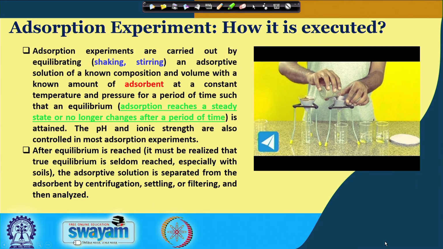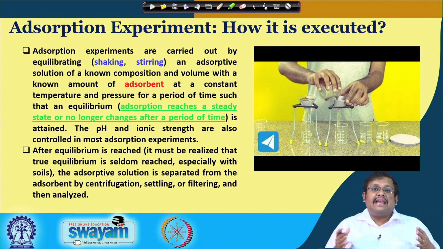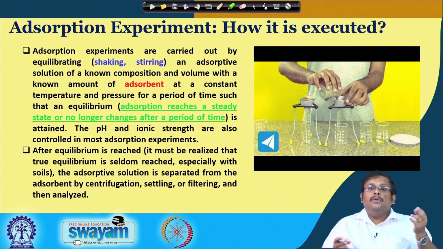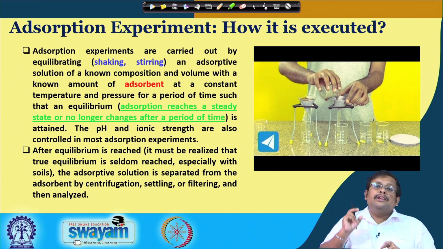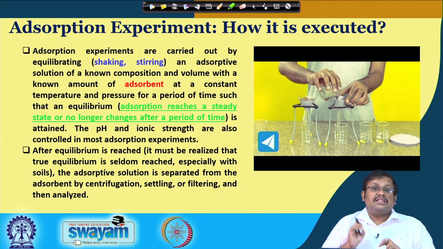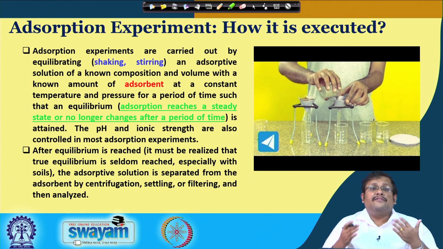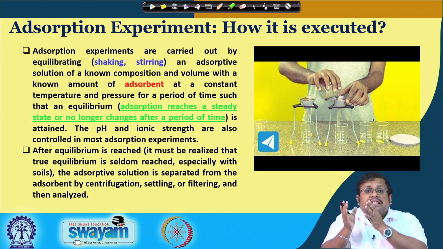Okay. Now, adsorption experiments: how do we do them? Adsorption experiments are carried out by equilibrating, that means shaking or stirring, an adsorptive solution of known composition and volume with a known amount of adsorbent. For example, in the case of soil, we take a known amount of soil and shake or mix it with a known volume of a particular solution containing a particular species of ions, at constant temperature and pressure, for a period of time such that an equilibrium is attained.